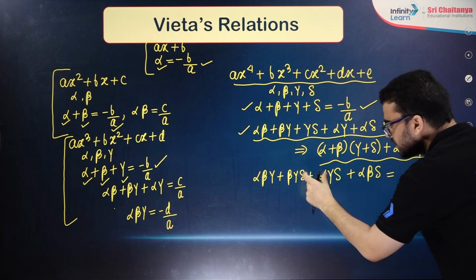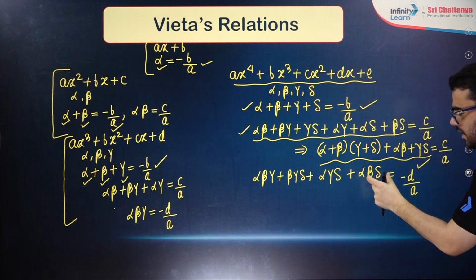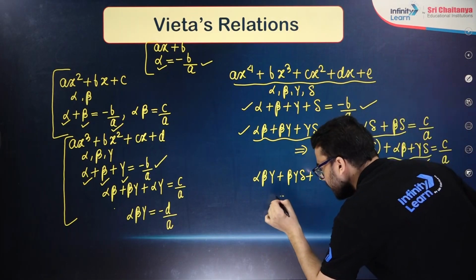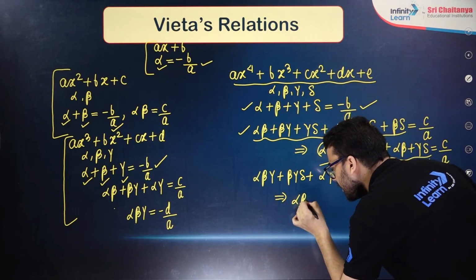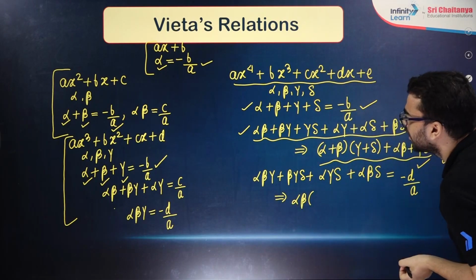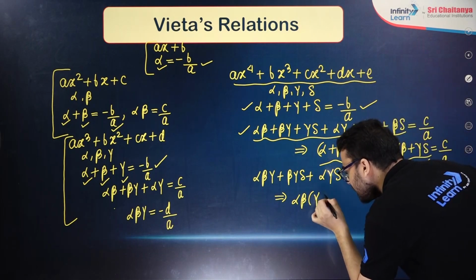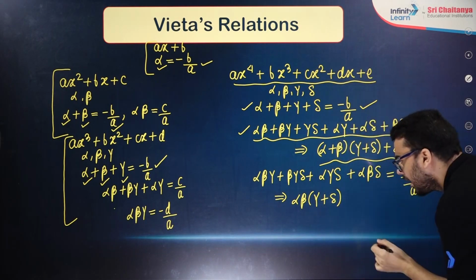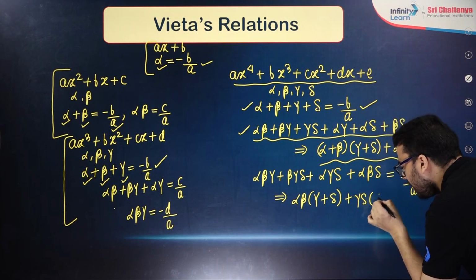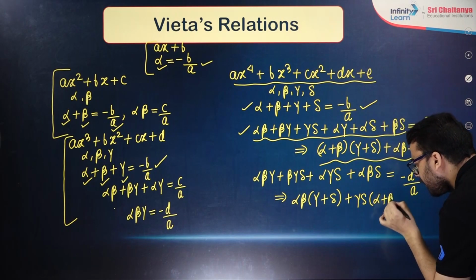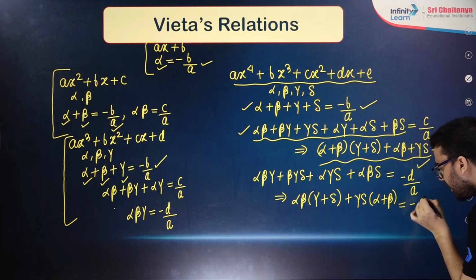When you take 3 zeros at one time in a 4-degree polynomial, you can remember it like this. This is basically alpha beta into gamma plus delta, and then gamma delta into alpha plus beta. That is equal to minus d by a.